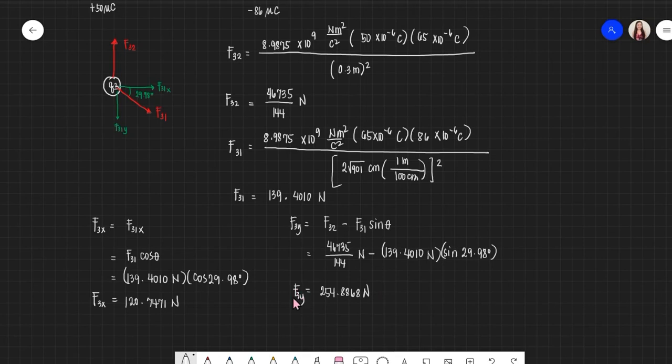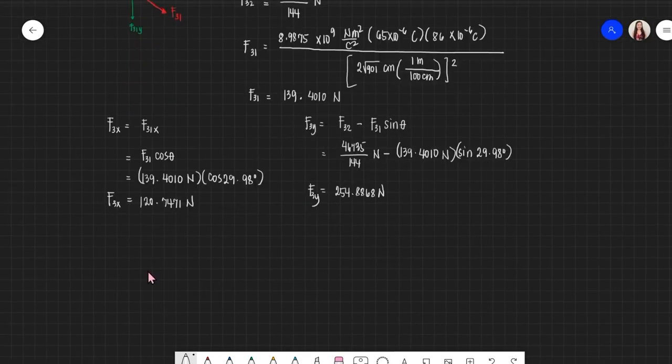So it's positive, so it's directed upward. So meaning the net force F3 is equal to the square root of F3x squared plus F3y squared.